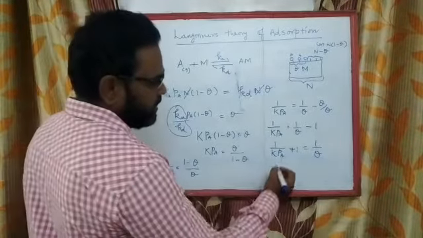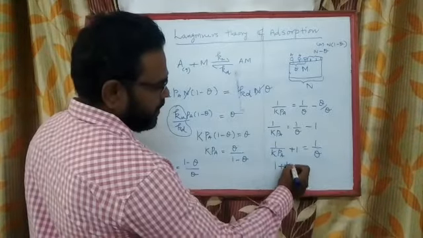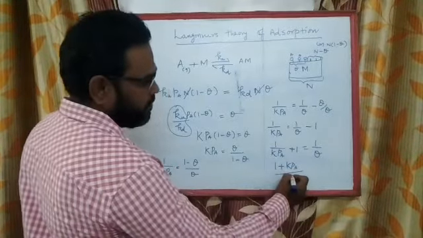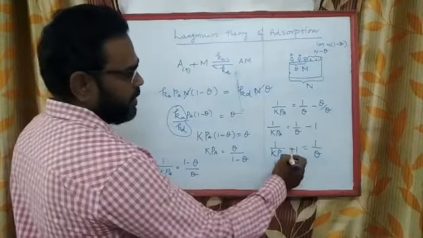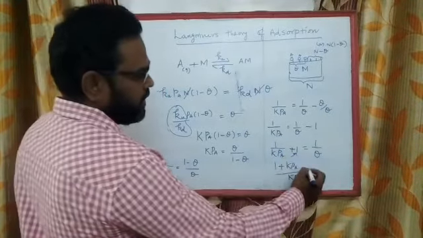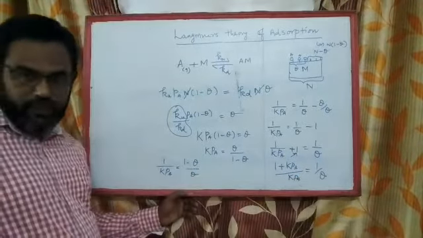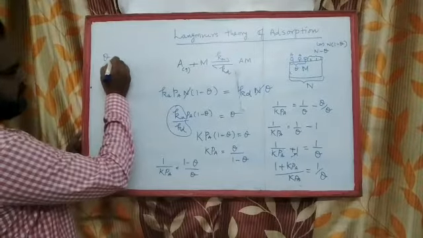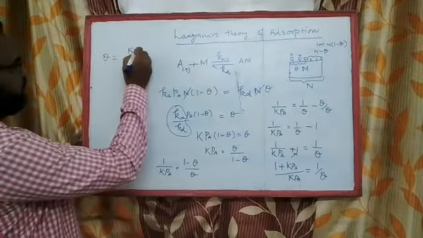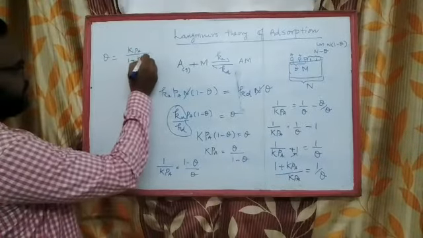Then this equation can be rearranged: (1 plus K Pa) divided by K Pa is equal to 1 by theta. Then what is theta? Theta is equal to K Pa divided by (1 plus K Pa).